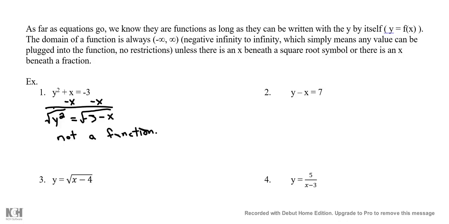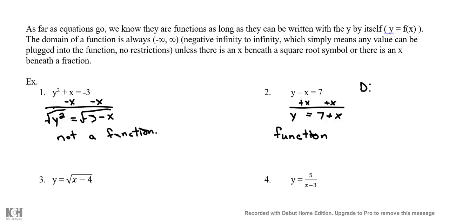So let's take a look at this other one, number 2. I want to try to get the y by itself, so I'm going to add x to both sides. Y is now by itself. I didn't have to take a square root, so I know this is a function. Now that I know it's a function, I want to know the domain and range.